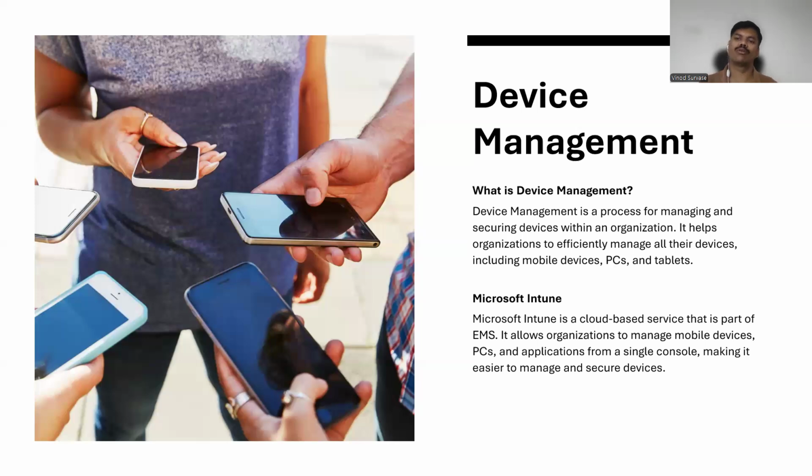There would be feature parity. Let's say E3 has some features, but E5 has all the advanced-level capabilities, which are not there in EMS E3. So this is something we really need to plan accordingly, and decide whether to go with the E3 plan or E5 plan based on the business needs and requirements, right?